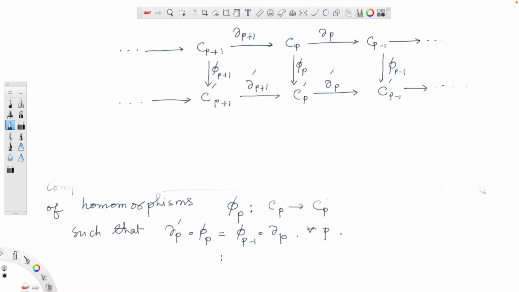So, in the previous segment, towards the end, we were discussing chain complexes and chain maps between two chain complexes. So the first sequence is one chain complex.